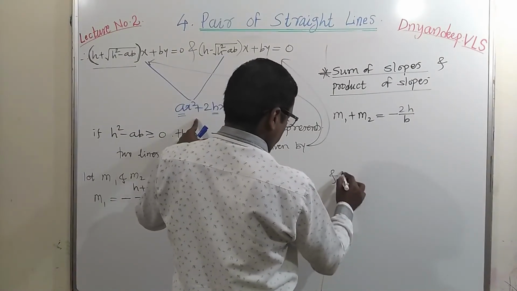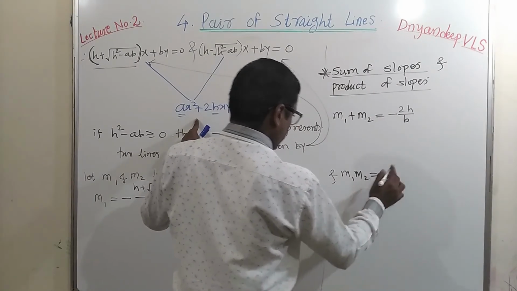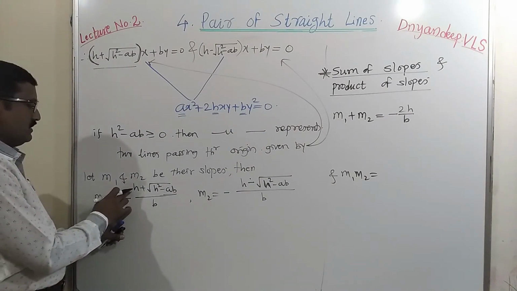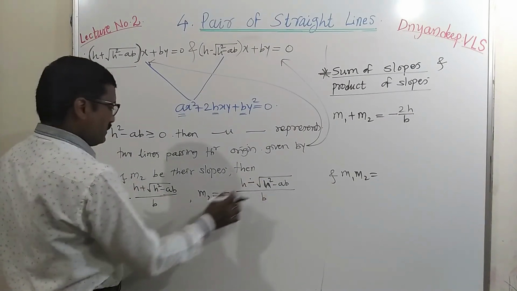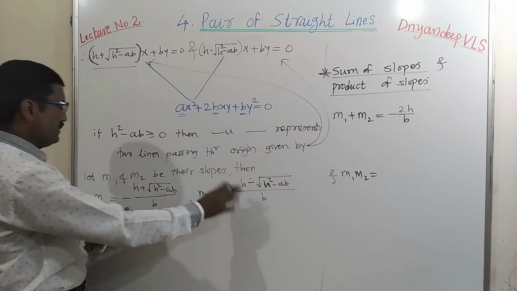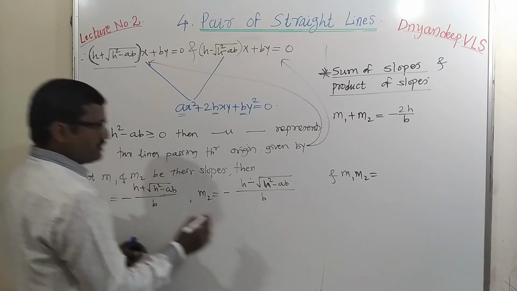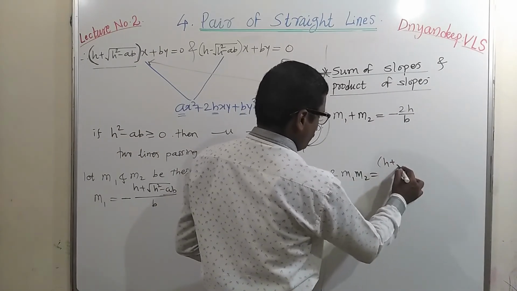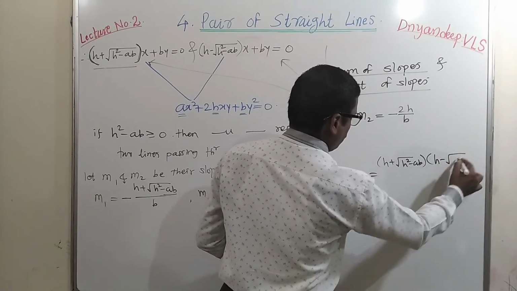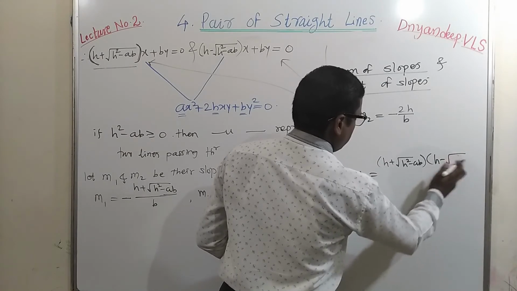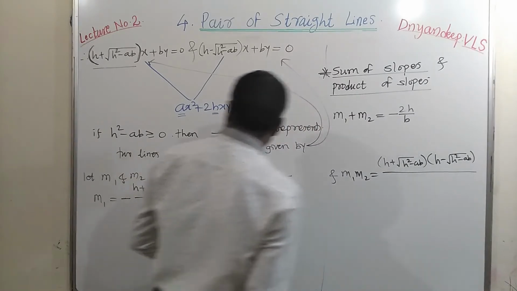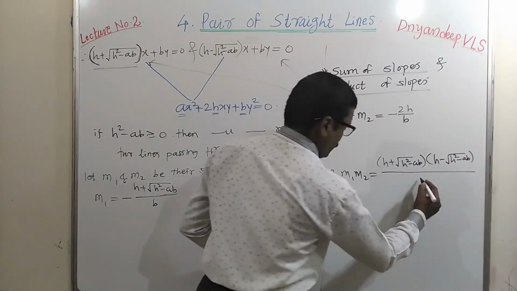and m1 m2, that is the product of slopes. This m1 m2 is nothing but this is plus, this is minus. After taking the product of these two negative terms, obviously that product will be positive, so the negative sign gets cancelled, and the product of h plus root h square minus ab into h minus root h square minus ab upon the product of denominators, b square.